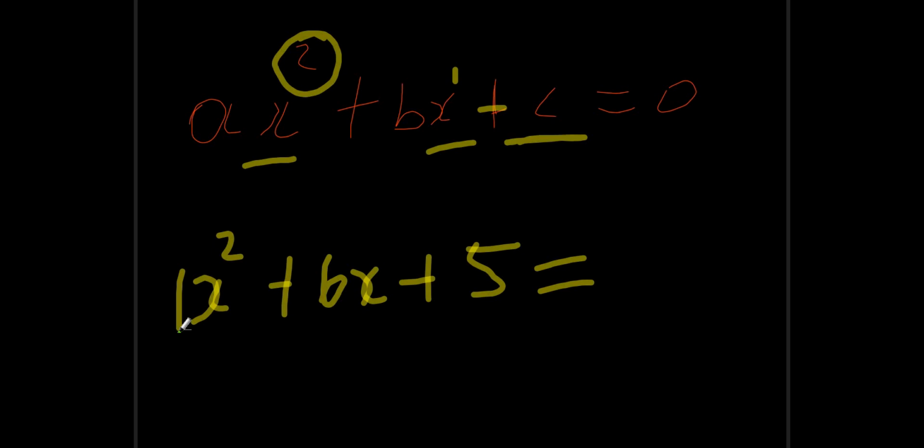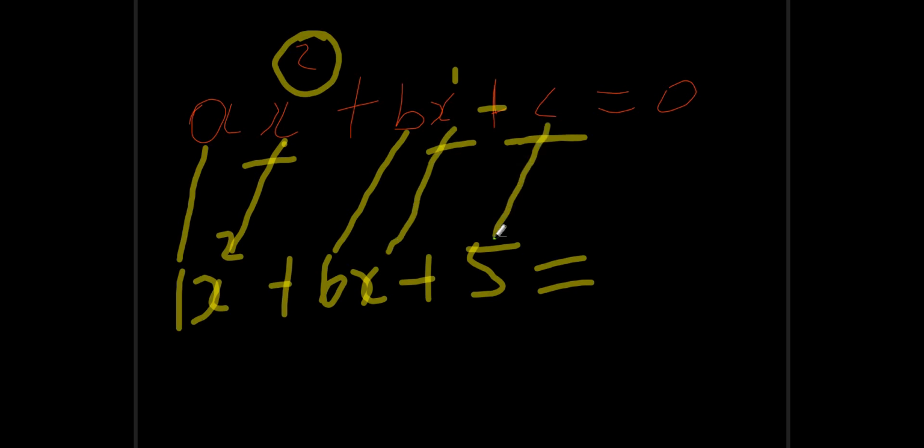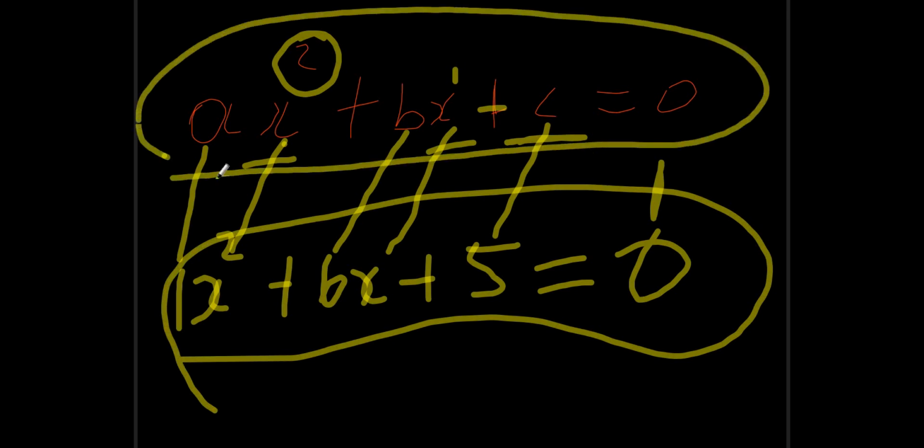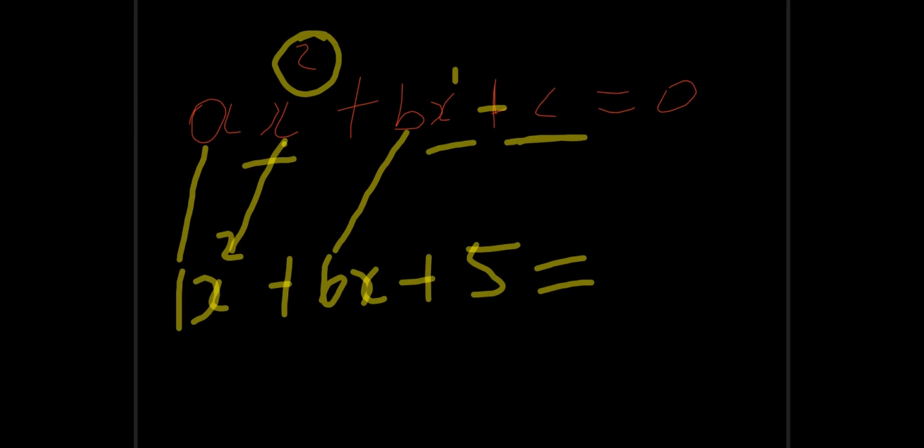So this a represents that 1, this x squared represents that x squared, this b represents the 6, this x represents the x, this c represents the 5, and 0 represents 0. Each term in this equation corresponds with its term in the general formula.